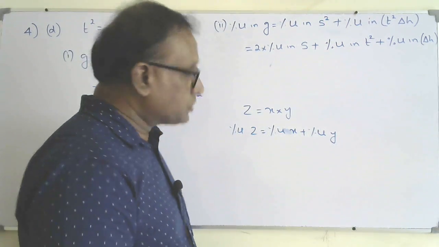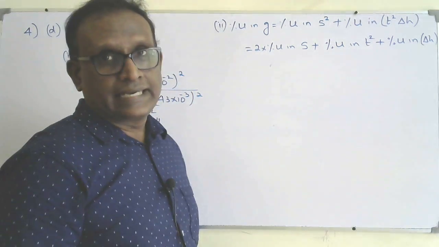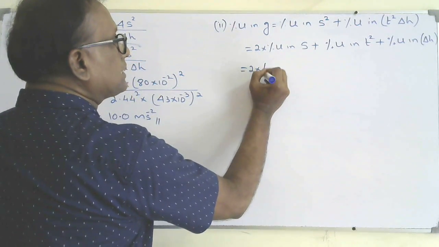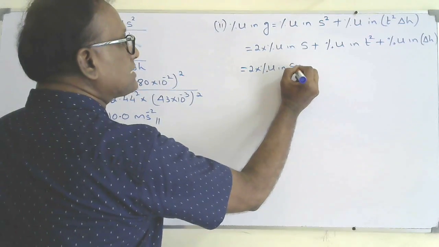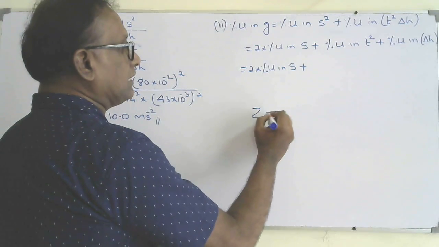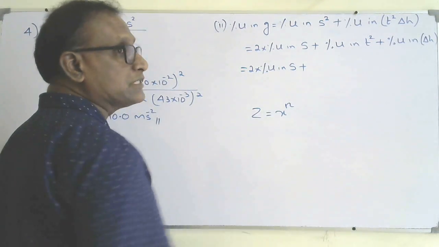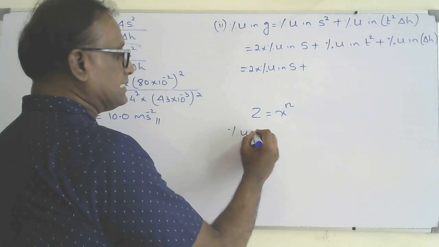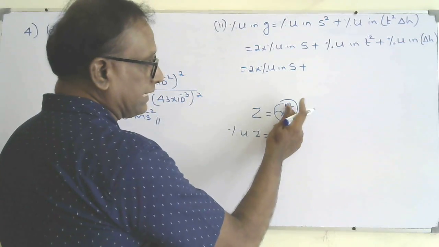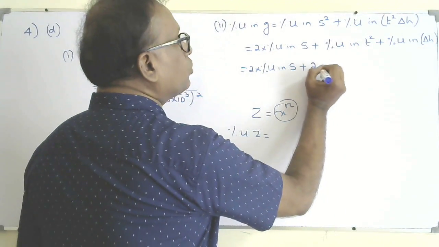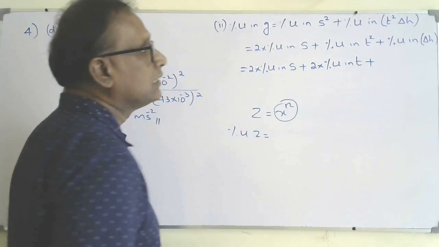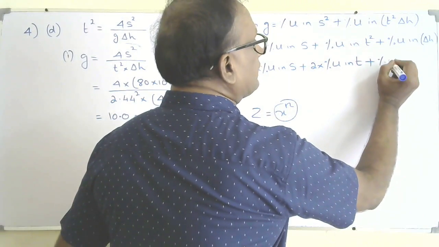In the exam you don't need to write all these steps, but for your understanding I'm writing them. So again, 2 times percentage uncertainty in s plus percentage uncertainty in t squared. Same thing: z equal x to the power n means the percentage uncertainty in z is n times the percentage uncertainty in x. So if there's an index, the index comes to the front. So that will be 2 times percentage uncertainty in t plus percentage uncertainty in delta h.